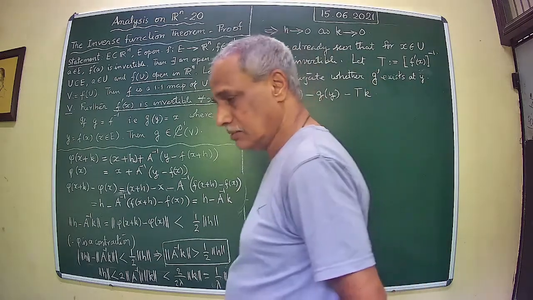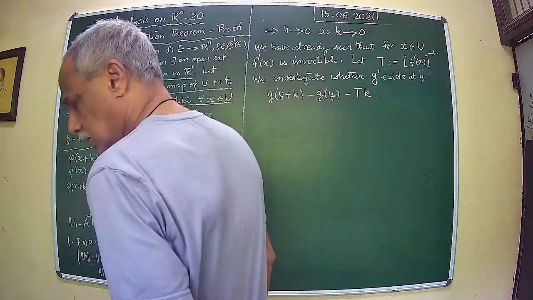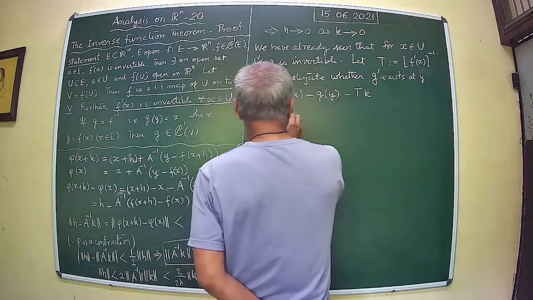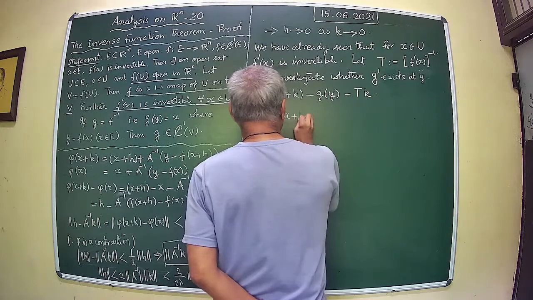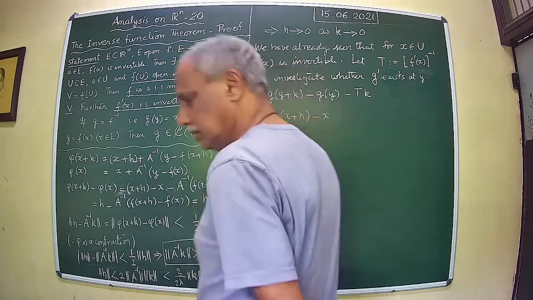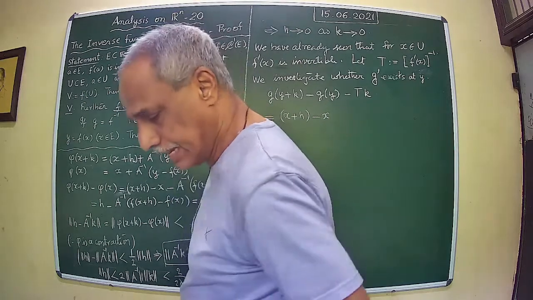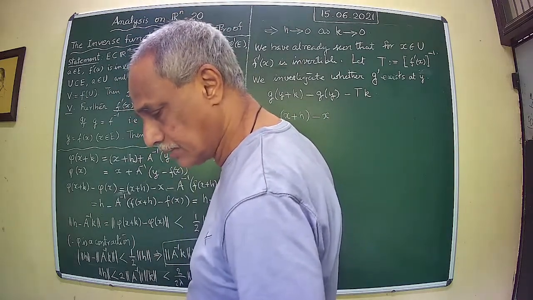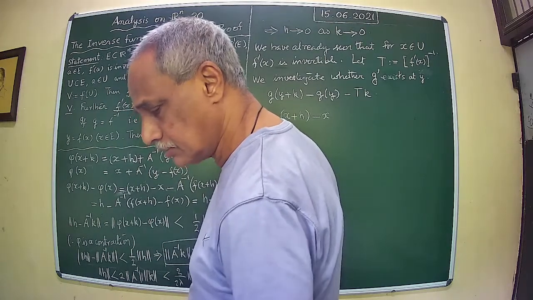Estimate this. Now this, you can easily see that this is x. Now T of k, k is what? K we have computed somewhere here.